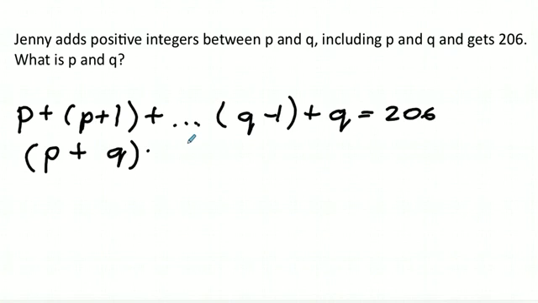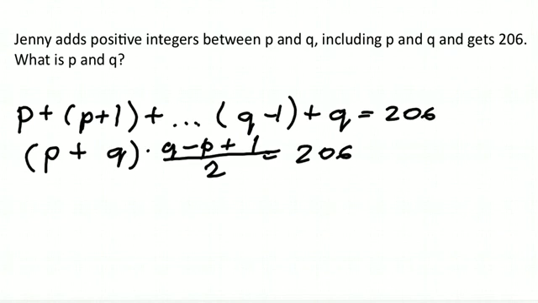For example, how many numbers are between 5 and 10, including 5 and 10? You will notice that that's 6. So what we have here is (p plus q) times (q minus p plus 1) over 2 equals 206.